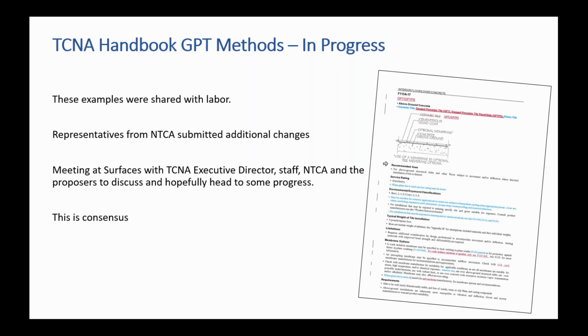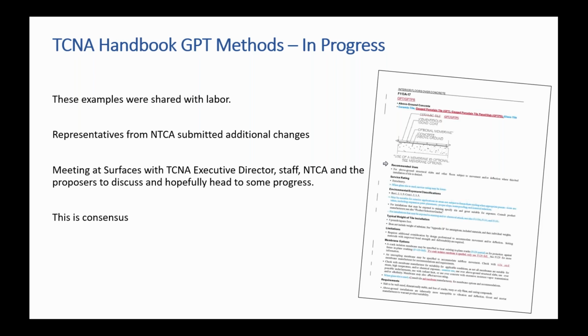Once a few of us went through and did edits like this, we turned it over to a group of contractors, tile contractors and labor and NTCA, and they went through it and suggested changes. We eventually met at Surfaces, I'm going to say it was 1.5 years ago, and we agreed on 2 methods. From that, the TCNA staff can alter the rest of the methods.